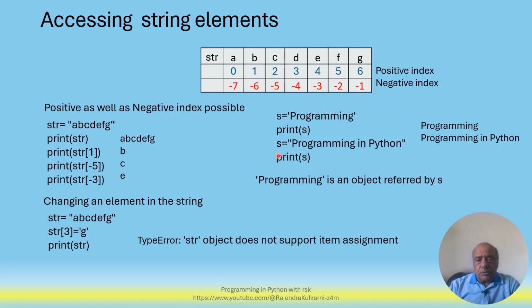So the new object to which the string variable s refers is programming in Python, which we have assigned here. The earlier object to which s was referring is destroyed.